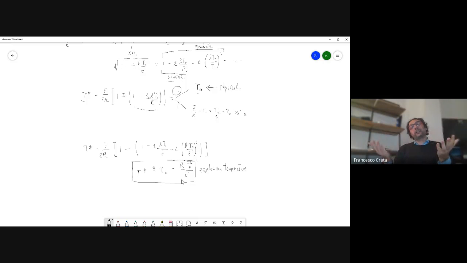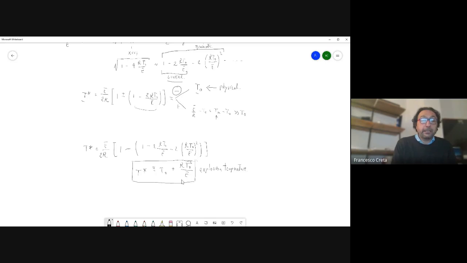So the heat production is much larger than the cooling, the cooling is useless, and the system explodes in a feedback loop. And we have an expression for this temperature as a function of T0 and E. Interestingly enough, you can also see that it's inversely proportional to E.